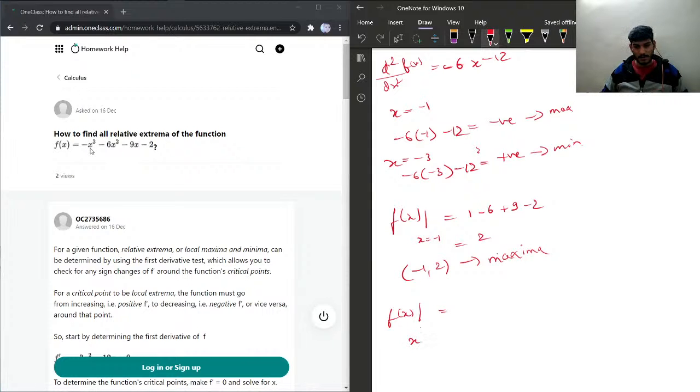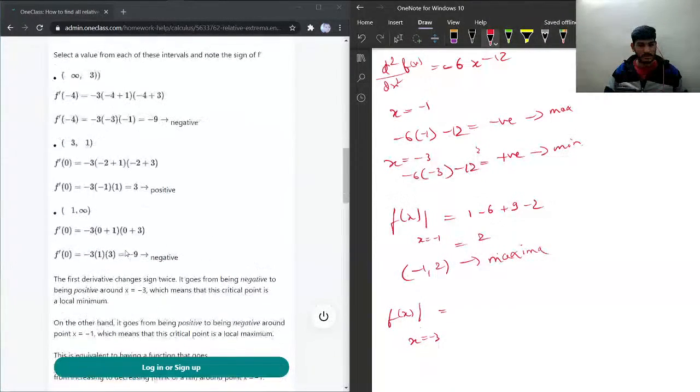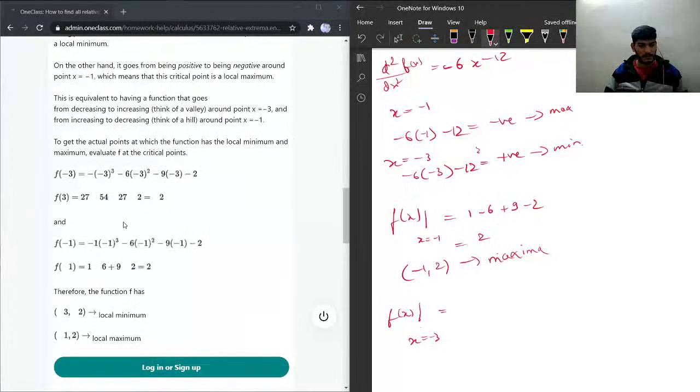And for the minima, x equal to minus 3, we'll have 27, minus 54, plus 18 minus 2.